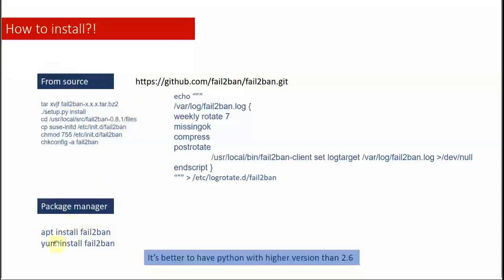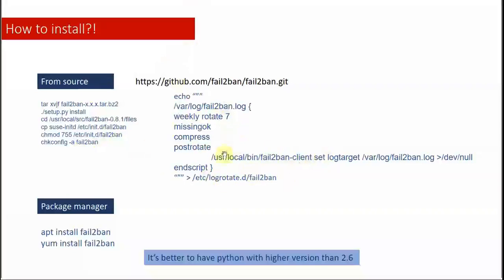There is a GitHub repository for fail2ban, and you can get it, extract the files, run setup.py install and copy required files to the right location, and then you should manage your fail2ban logs by writing a logrotate script, which is really easy.